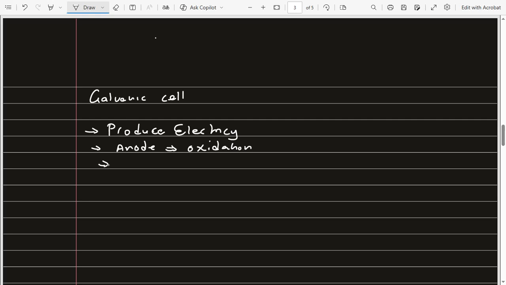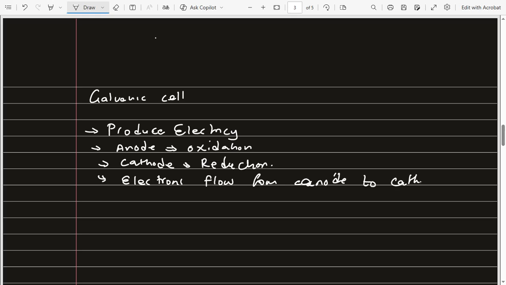Then we have the cathode, where the reduction occurs. The electrons flow from anode to cathode. That's also important to understand.